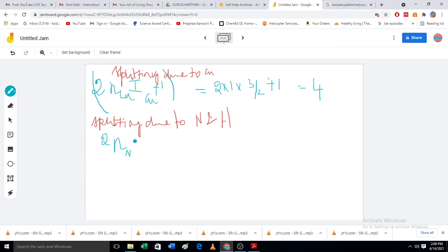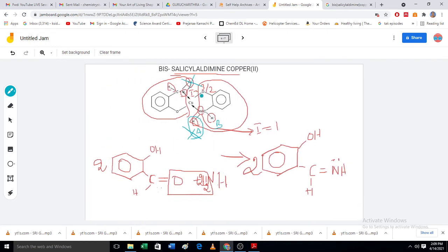So you will be having 2n number of nitrogens plus I, the spin of nitrogen, plus 1, into 2 into number of hydrogens plus I into number of hydrogens plus 1, right? So here, 2 into the number of nitrogens: you have one nitrogen here and another here.